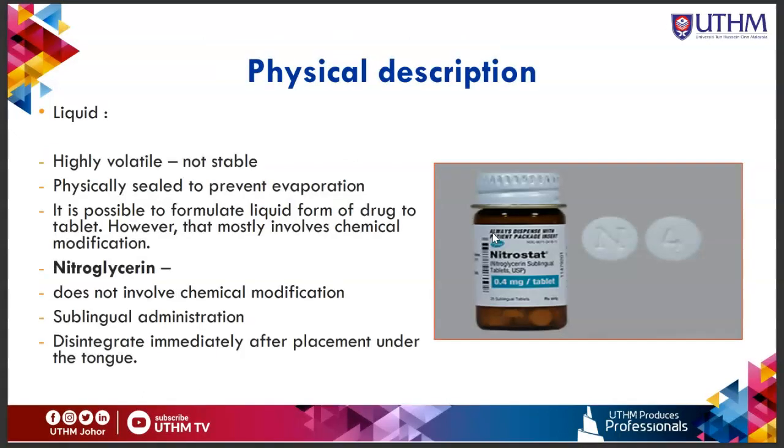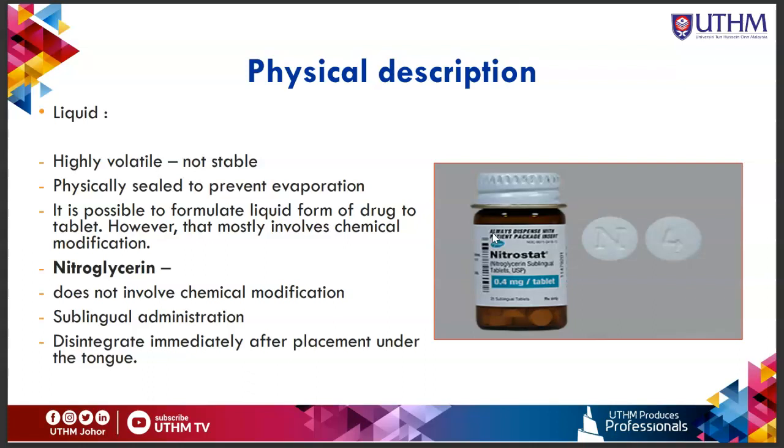So, for example, we have the liquid here, highly volatile, not stable, so it is physically sealed to prevent evaporation. Is it possible to formulate a liquid form of a drug into a tablet? However, that mostly involves a chemical modification.